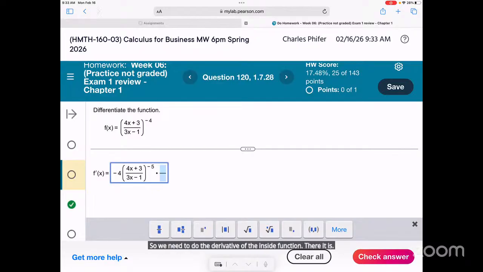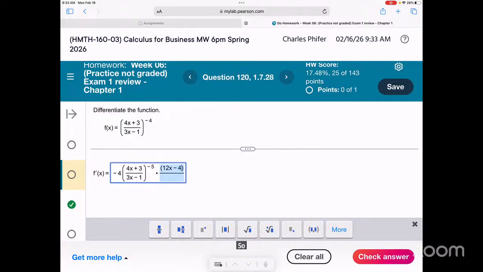So at the bottom, 3x minus 1 times the derivative of the top, which is going to be a 4. That's going to be 12 minus 4. Okay.